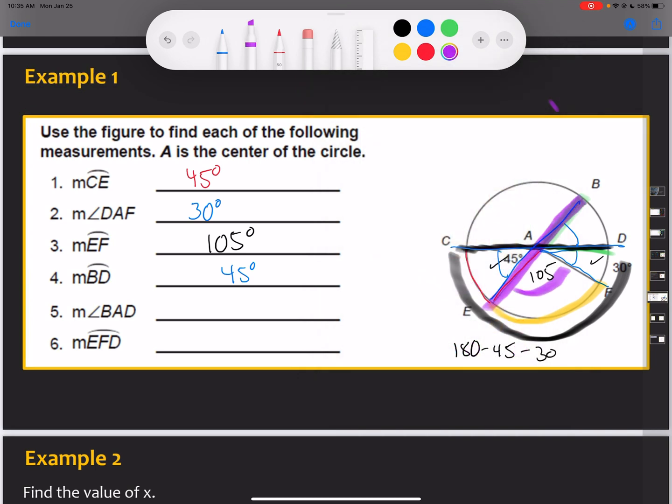I know the 105, I know the 30, so then I would just have to find the 45. BAD, that angle is equal to that arc, so that's also 45. And EFD is the combination of this 105 and this 30, so it's the entire length, so that's 135 degrees.